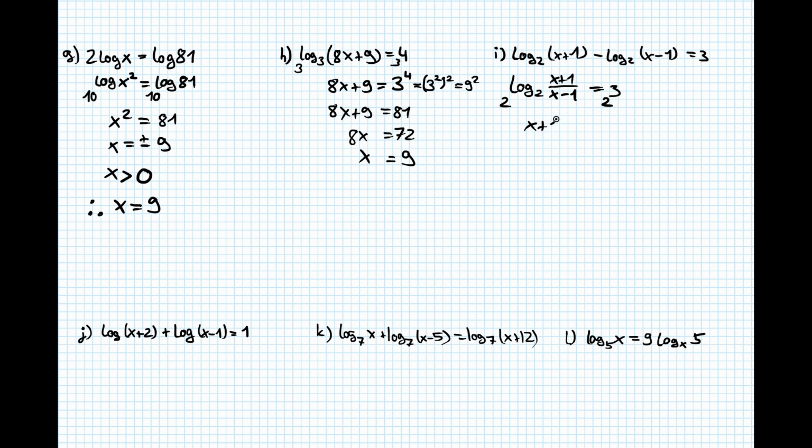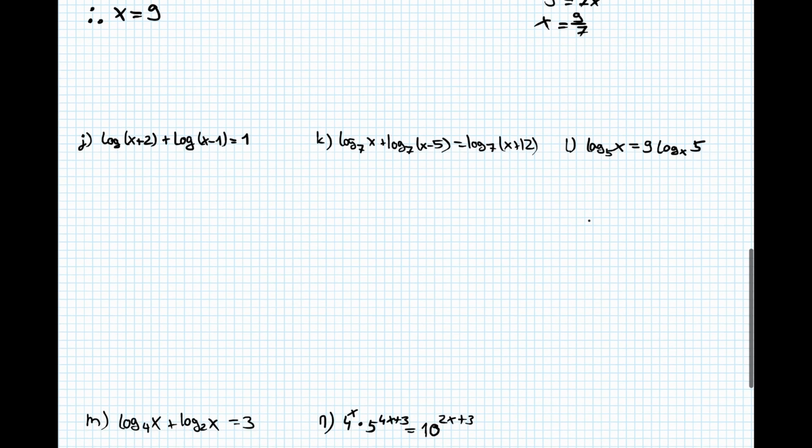So we have x plus 1 divided by x minus 1 is equal to 2 to the power of 3, which is 8. And we'll multiply this term here to the other side. So then we have x plus 1 is equal to 8x minus 8. Now subtract an x on both sides and add 8. So 9 is equal to 7x, which means that x is equal to 9 divided by 7.